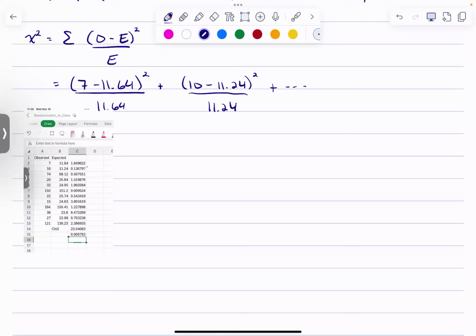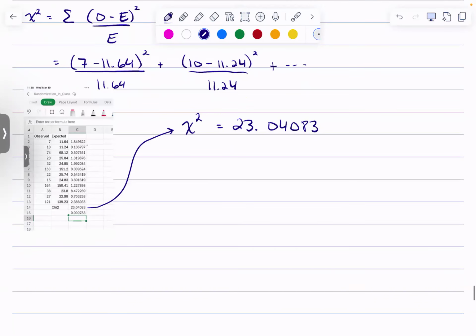So we found our chi-squared was 23.04083. And this was using our chi-squared dot dist dot right tail of 23.04083 and 6 degrees of freedom.